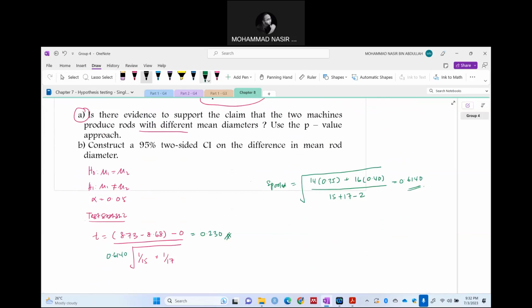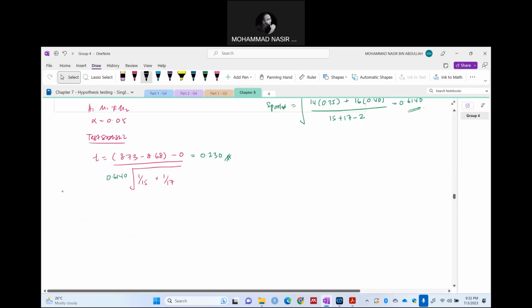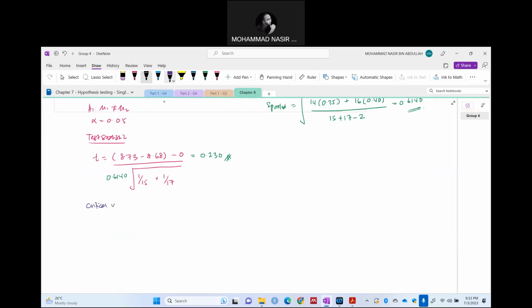Okay. So this is a two-tailed test. If you are using the critical value approach, let's look at both approaches. Critical value approach. So this is a two-tailed test, we're going to have two rejection regions.